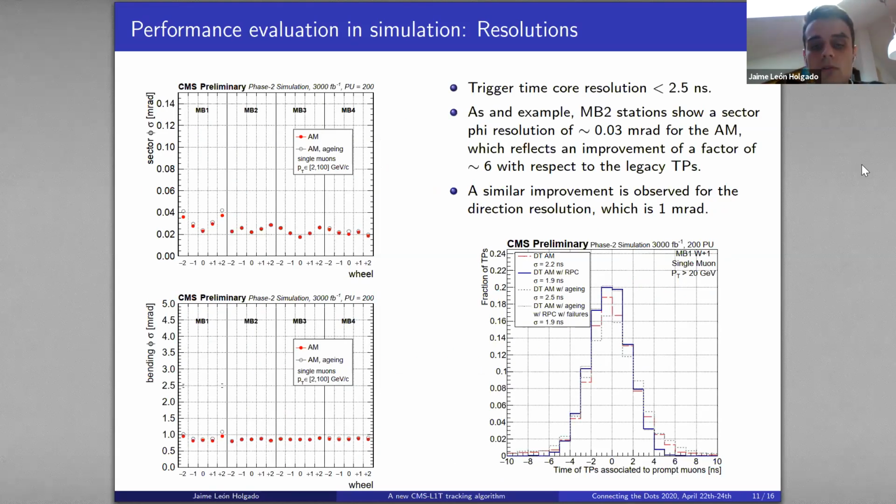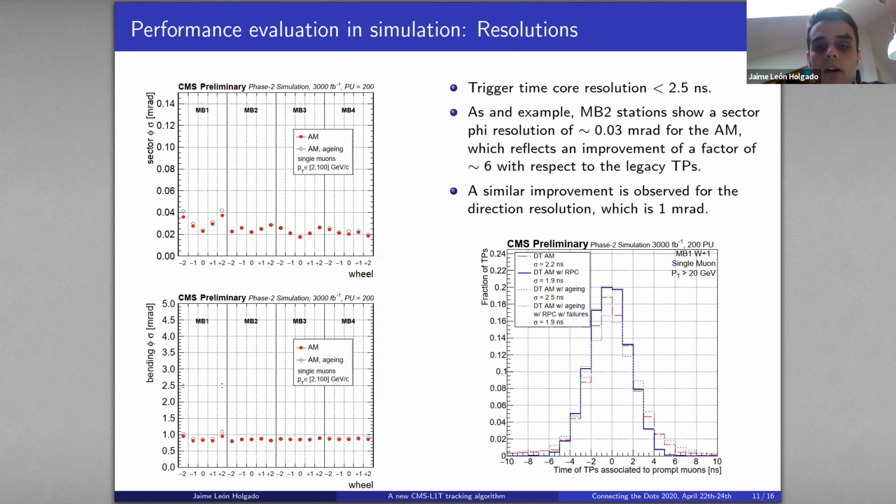And then for resolutions, on the bottom right you can see the trigger time distribution. You can see that the core resolutions of all the distributions are less than 2.5 nanoseconds, also reaching 1.9 nanoseconds when adding RPCs. And on the left, you can see on the top the sector 5 resolution, and on the bottom the bending phi.